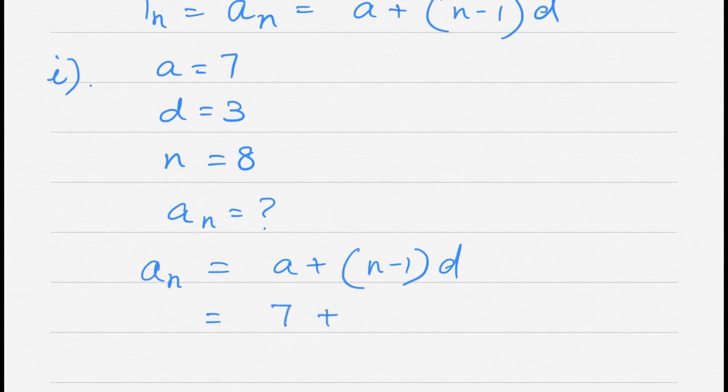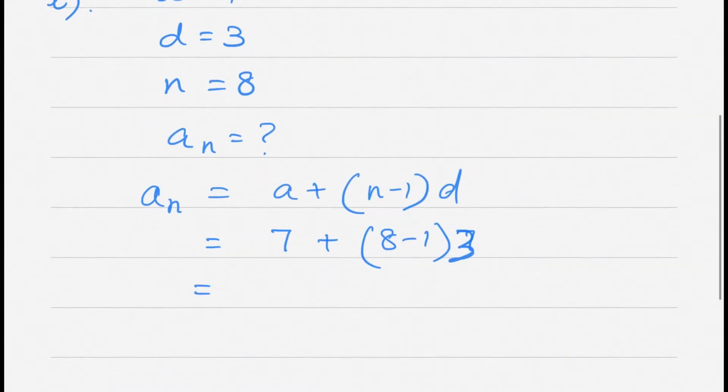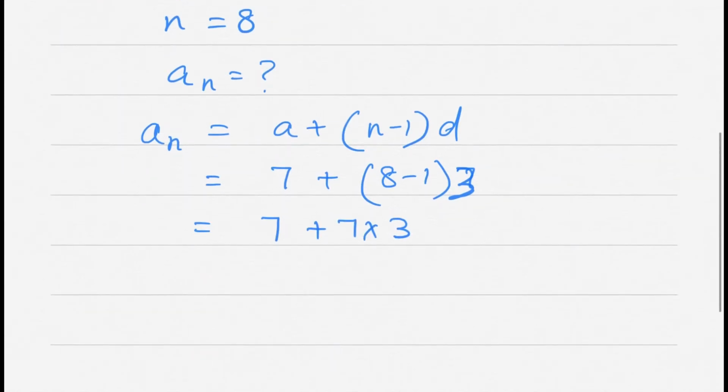So 7 plus (8 minus 1) into 3. Now this is equal to 7 plus 7 into 3. So now I have 7 plus 21, so 28. So my nth term is 28.